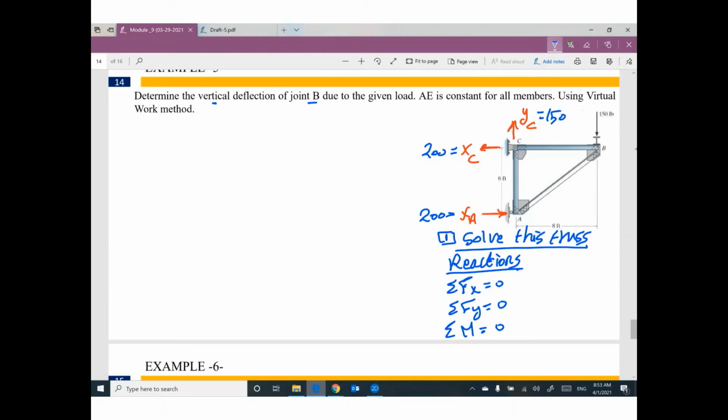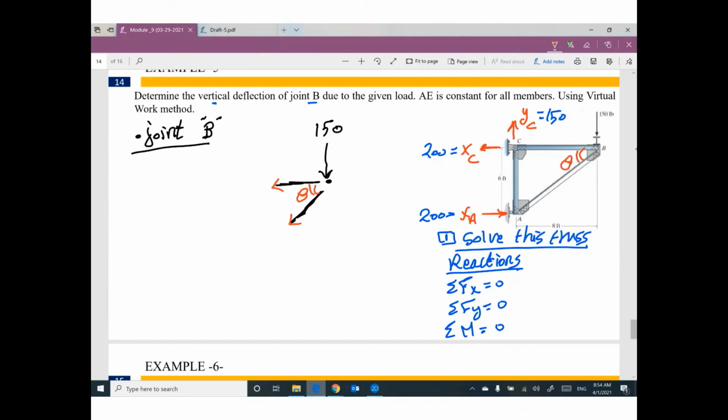Then, for joint B, here is joint B. We have vertical load 150. We have horizontal member. We have inclined member. So I will assume this one tension and this one tension, and this angle is theta.